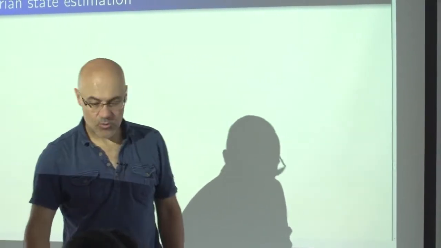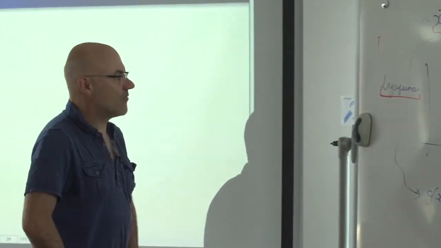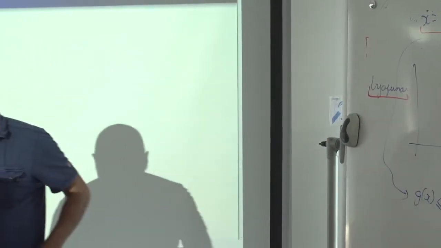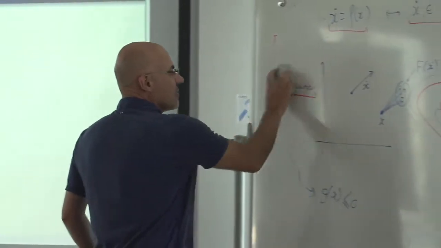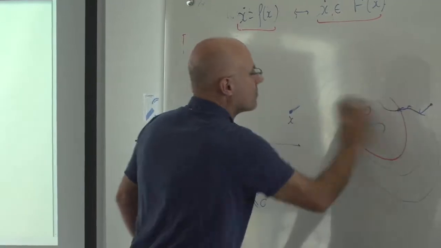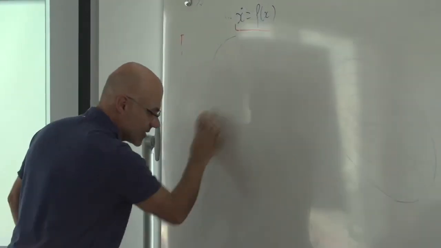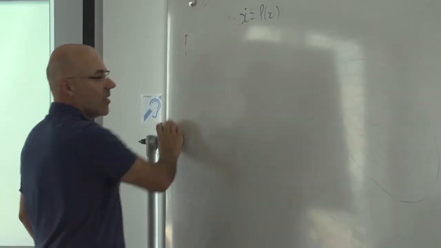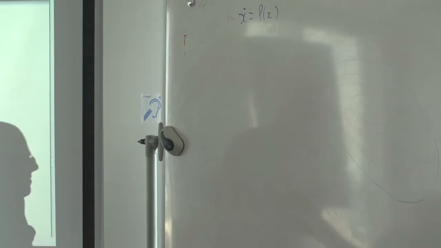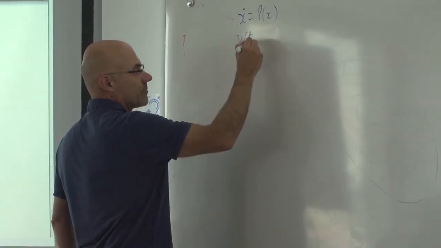So normally, what we call a state estimation problem, classical state estimation problem, you have a system like this, and you have some measurements at time ti.